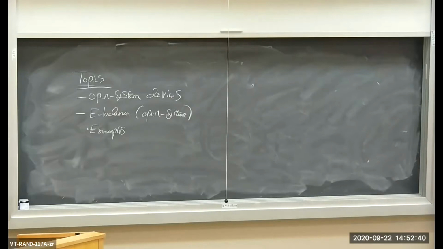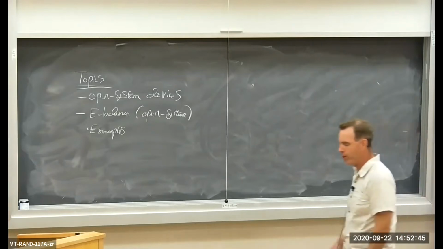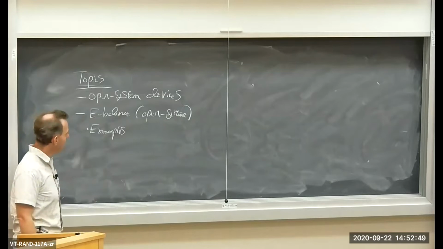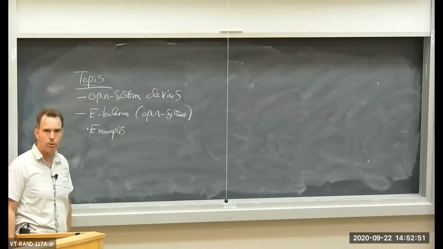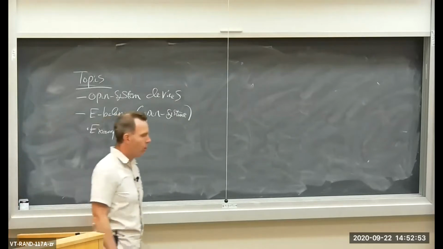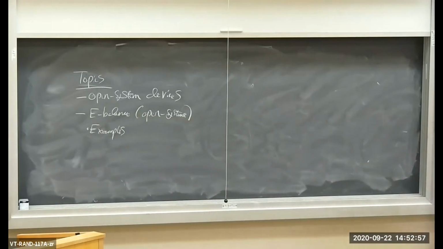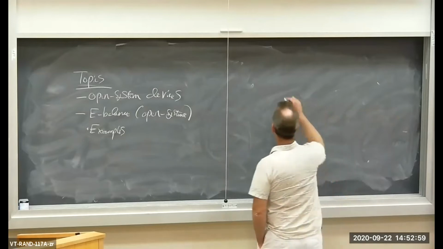So we're going to go over open system devices today and just list them and talk about what they do and how they work. And then we're going to spend the rest of the class doing an example or two involving the open system energy balance. Okay? So let's look at open system devices.